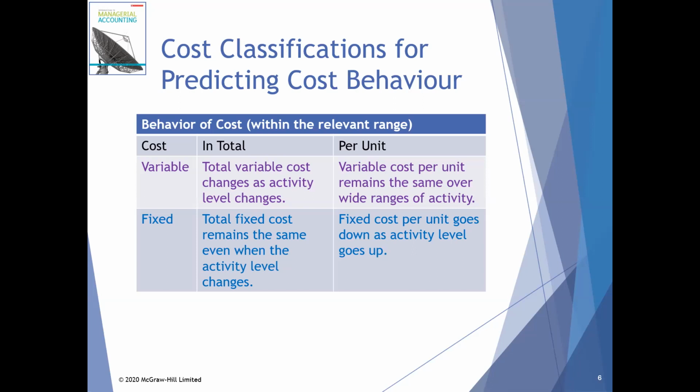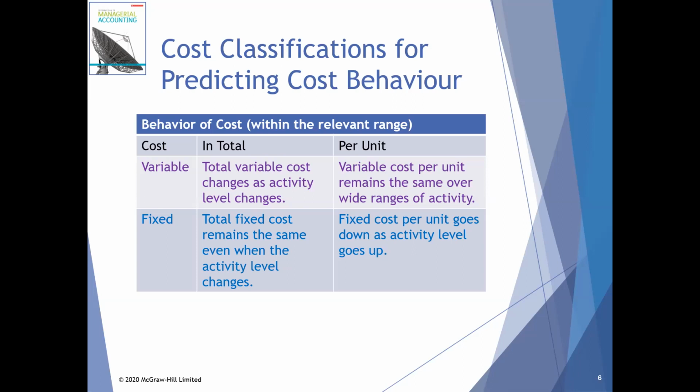As production increases, other expenditure also increases. That is the variable cost. You have to buy more cardboard, more packing materials, more cello tape. So as production increases, the variable cost will also increase.